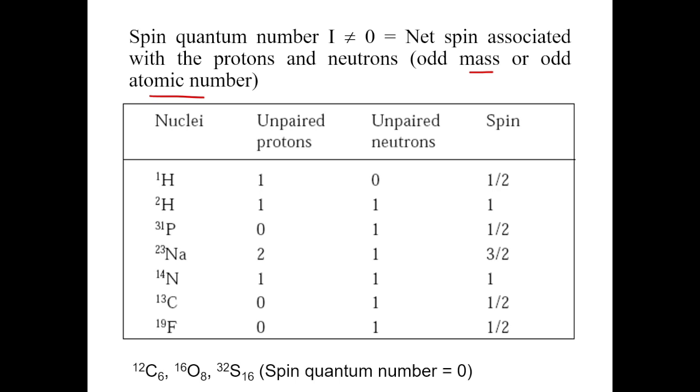So a condition for a nucleus to be NMR active is that the spin quantum number should not be 0. Either the mass number or the atomic number should be odd.